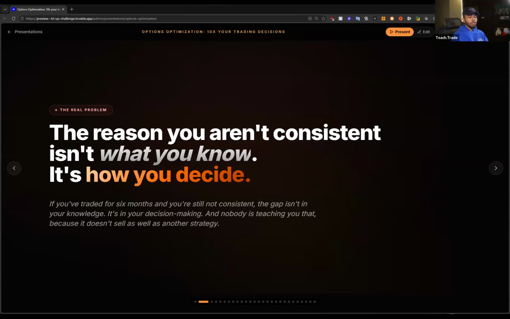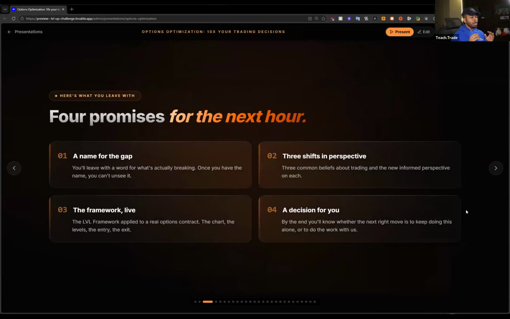All right. So by the end of tonight, I want you to walk away with a few things here. First, a name for what's actually breaking in your trading. I want you to be able to name that gap. Secondly, I want to be able to configure 3 shifts in perspective.